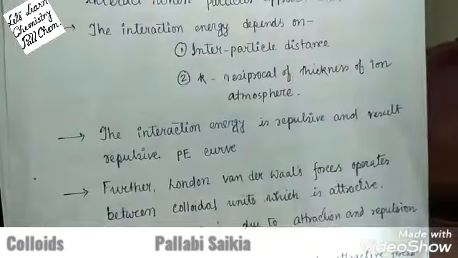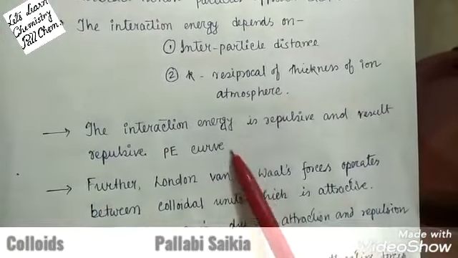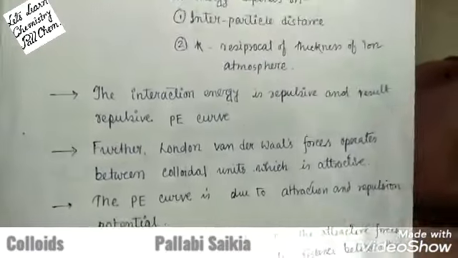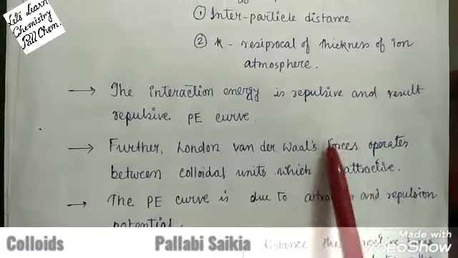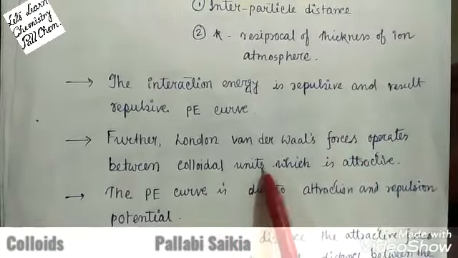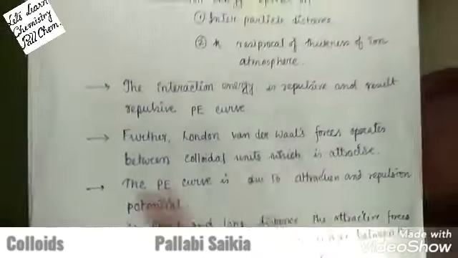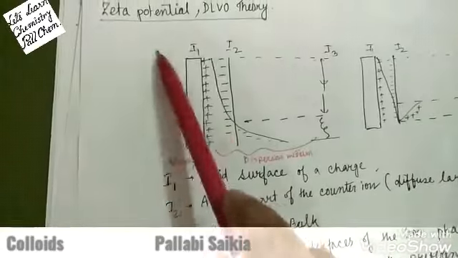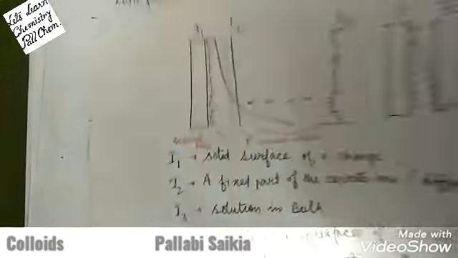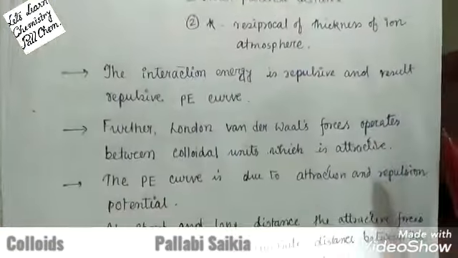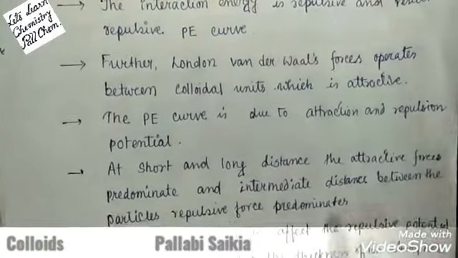But the interaction energy is further explained by London, that it is the van der Waals forces that operate between colloidal units, which are attractive. So the potential energy curve is due to the attractive forces and the repulsive forces of the colloidal particles.